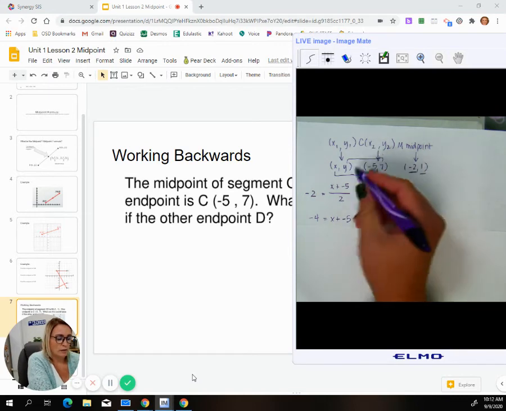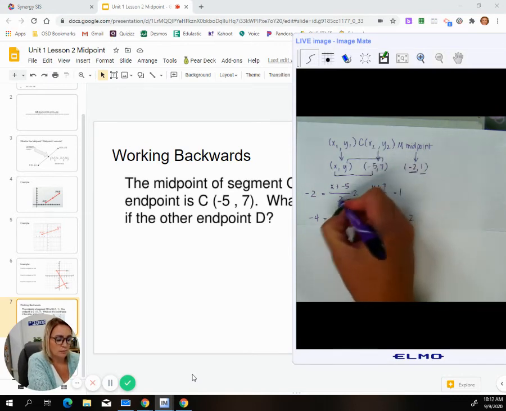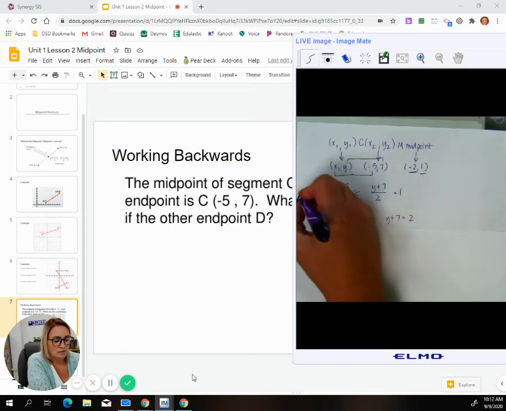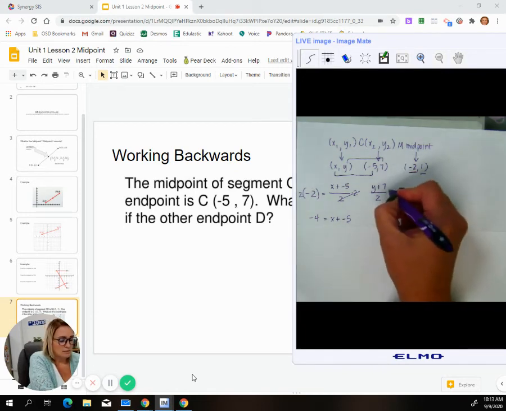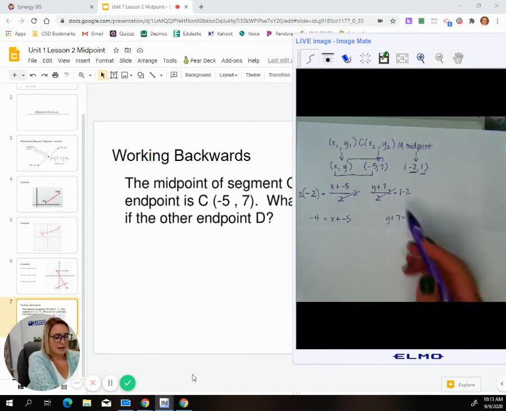So I am going to times this by 2 to get rid of it here, which then I do here. And that now gets me negative 4 is equal to x plus negative 5. I'm going to times this side by 2 and this side by 2 to get rid of it here. And now I have y plus 7 is equal to 2.